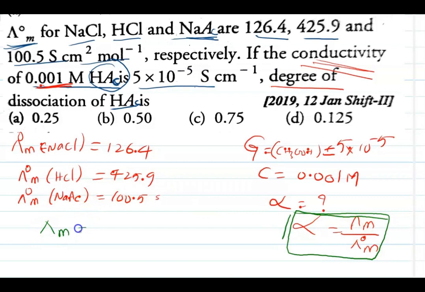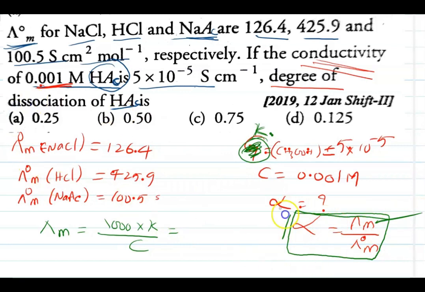Molar conductivity is 1000 into kappa by C. Do you remember this? Kappa is specific conductance. So from this you can get lambda m. Next, how to get lambda naught m?